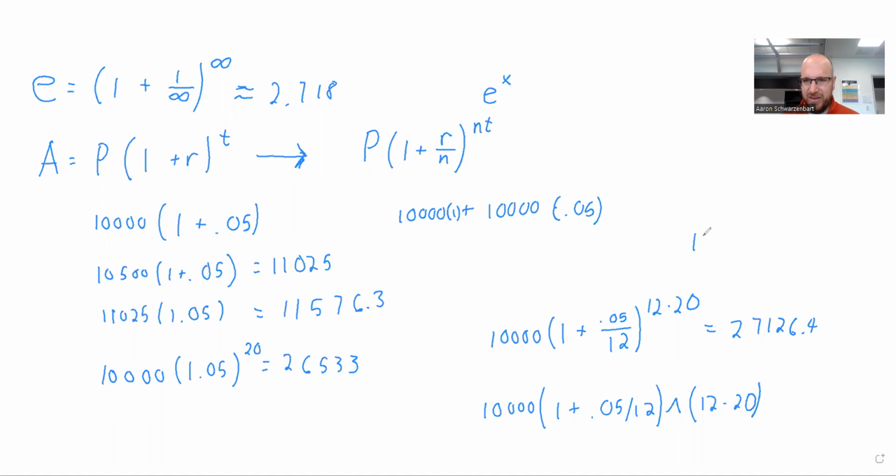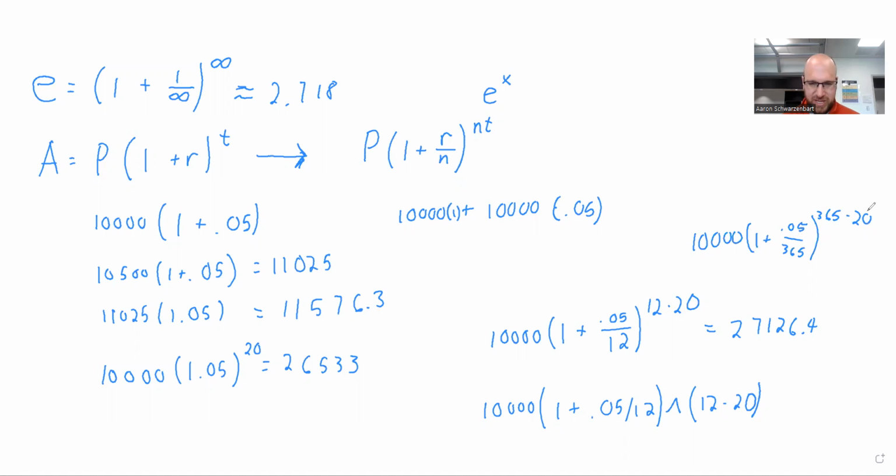What if I do it daily? Well, daily, there's 365 days in a year. So instead of 12, I do 365. And I make sure to change both my ends. It definitely should always be, the more times per year, you better get a number that's greater.